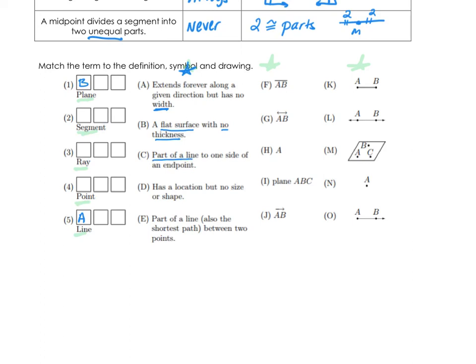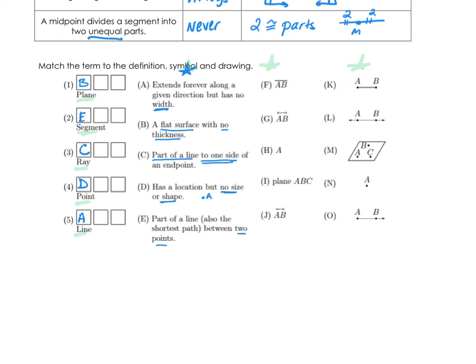Part of a line to one side of an endpoint sounds like a ray to me because it's saying going to one side. Has a location but no size or shape. That's a point, like point A. So that's going to go in here. And then finally, part of a line, also the shortest path between two points. All right, that's a segment, so that would be E.